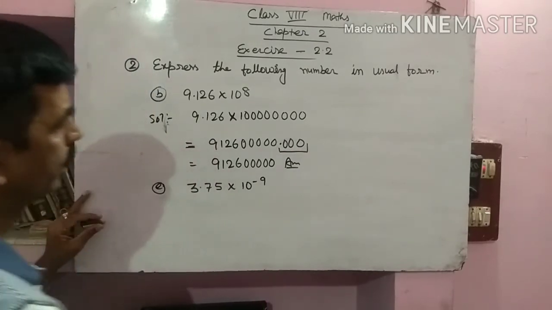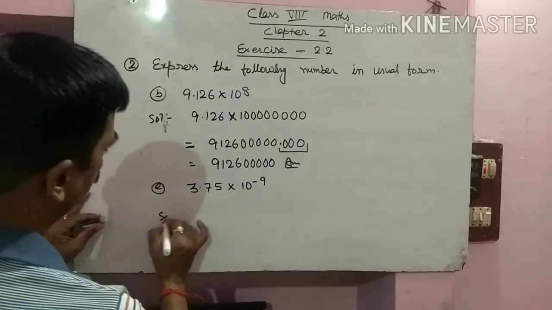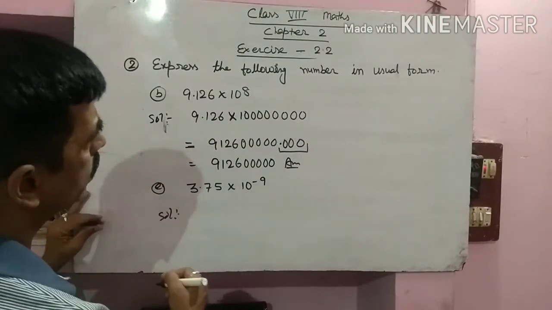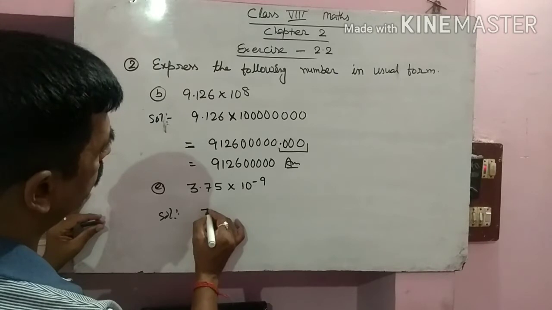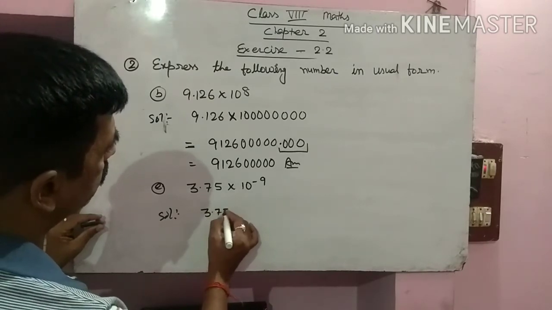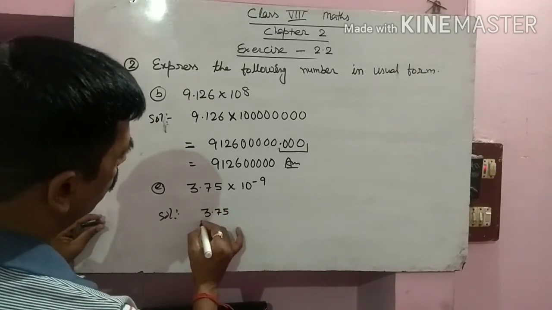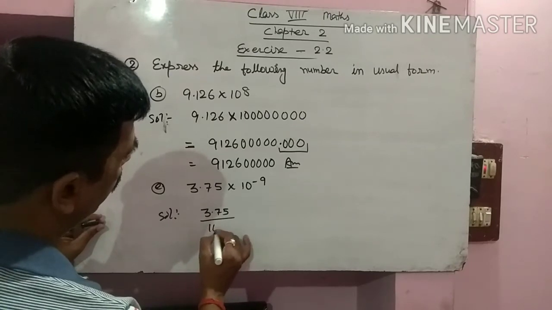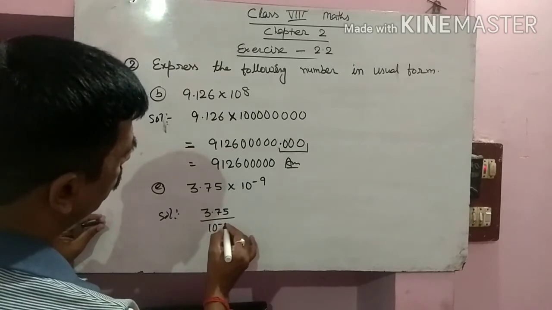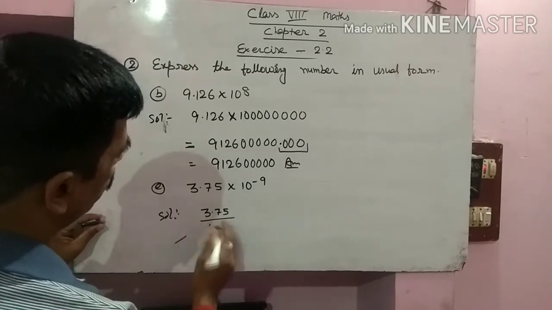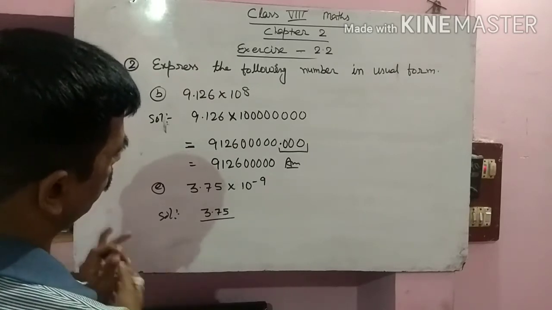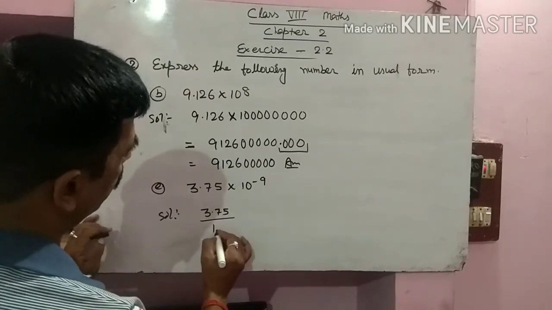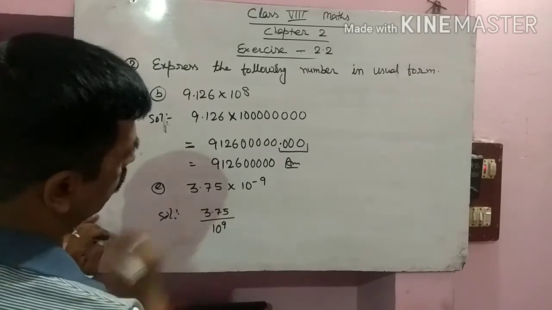In this case, if the power is negative, then this means 3.75 by 10 to the power 9.